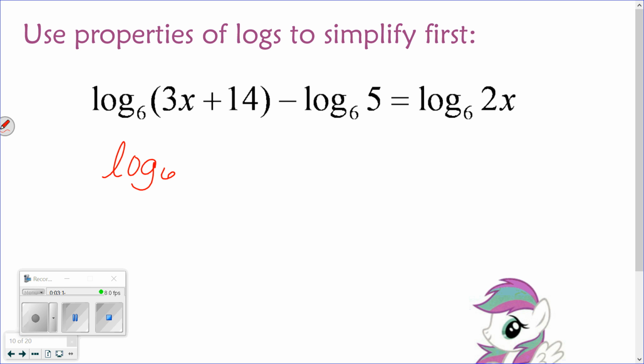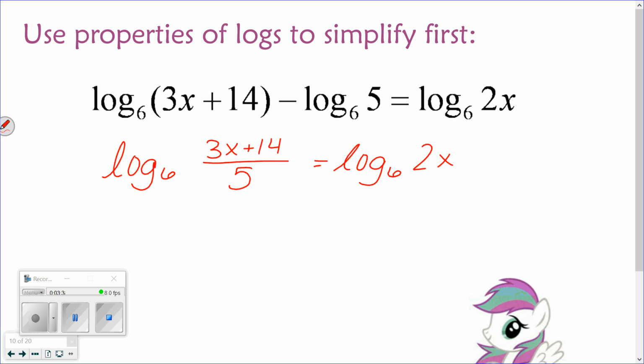So log base 6 of 3x plus 14, since it's minus, it's divide by 5 equals log base 6 of 2x. So if you're looking at a problem and you don't have log of something equals log of something, you're going to have to condense some things down using those properties to make it like that.